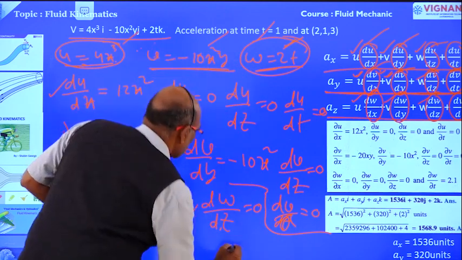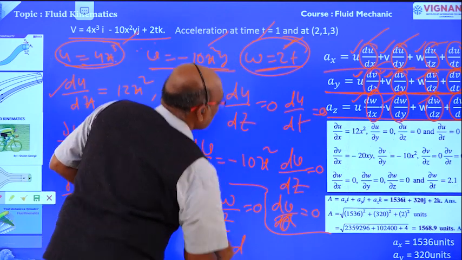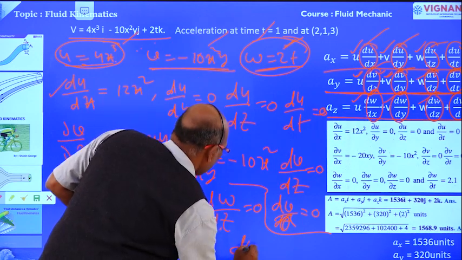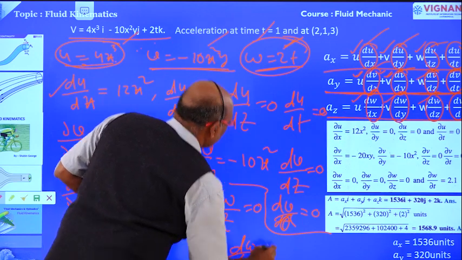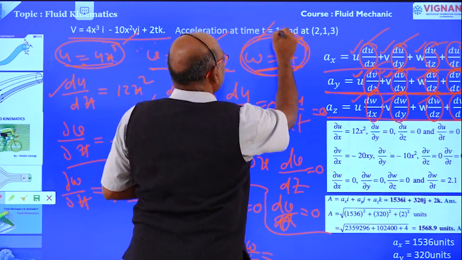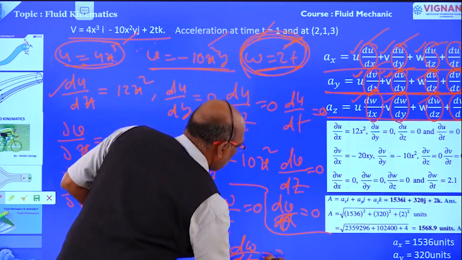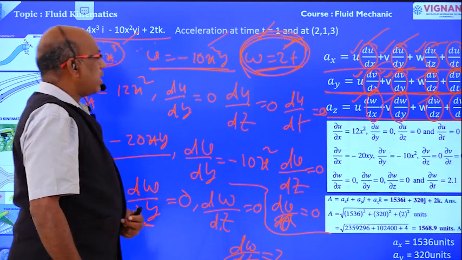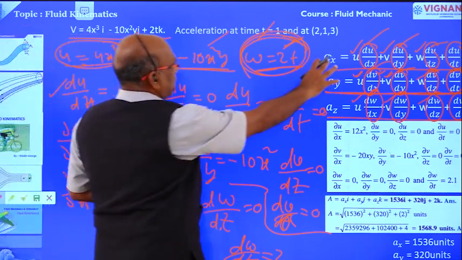Then last one, dw by dt, differentiate with respect to t, we have 2, right? All values are known to us in this equation.